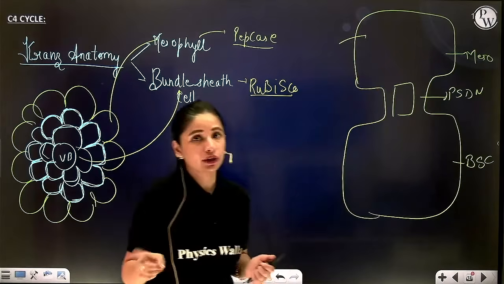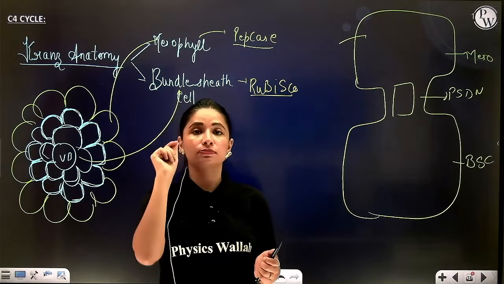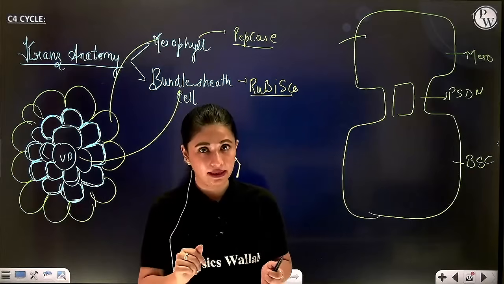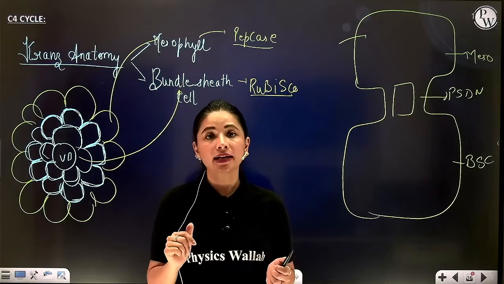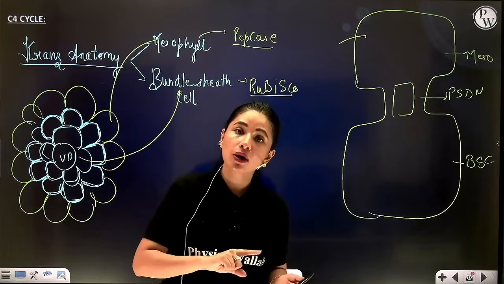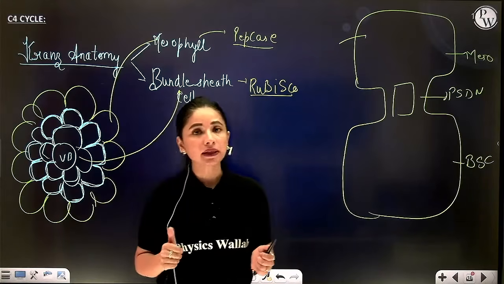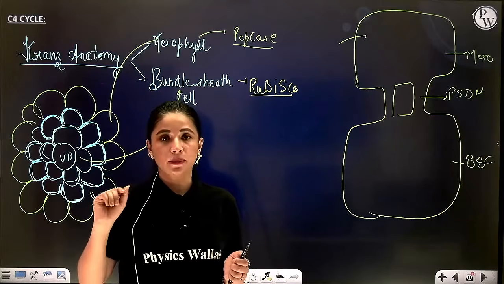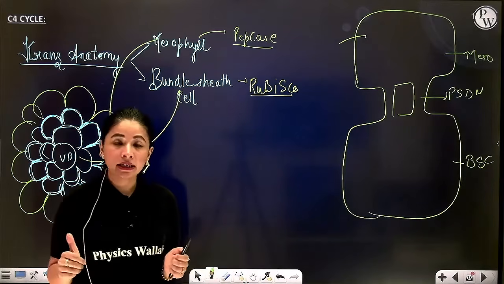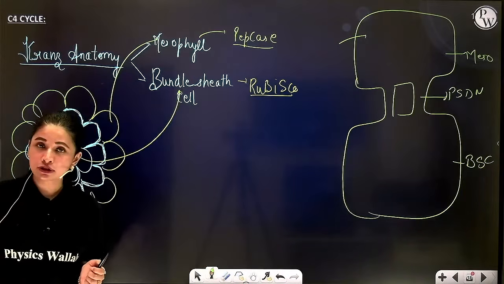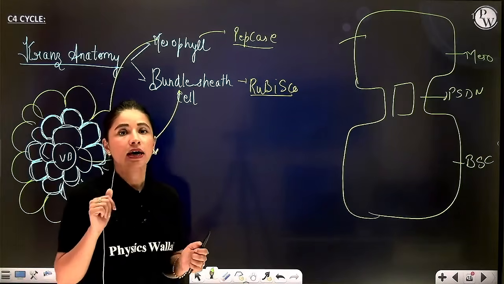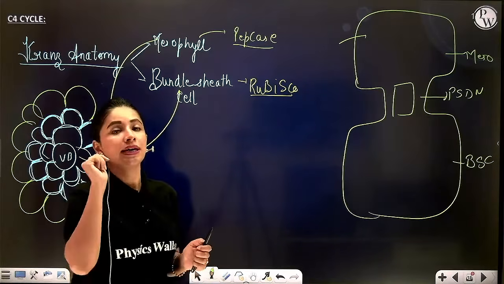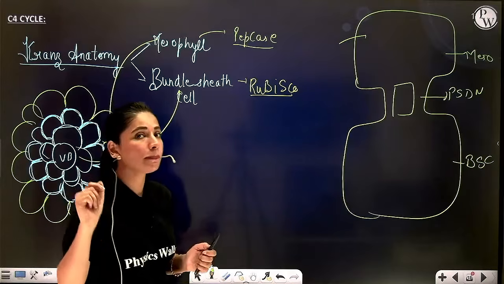Now I told you that mesophyll cells have a special enzyme called PEPcase. This enzyme has the power to carboxylate a 3-carbon compound, phosphoenol pyruvate. So the primary acceptor in the C4 cycle is a 3-carbon compound, phosphoenol pyruvate.